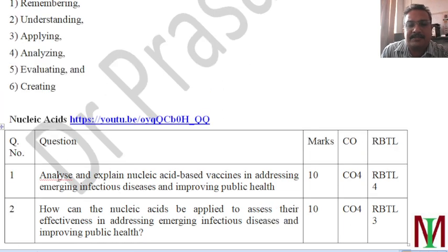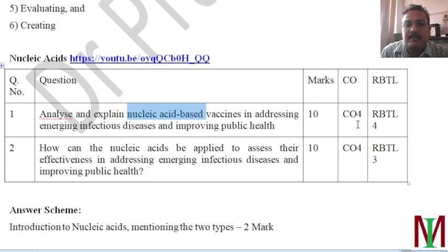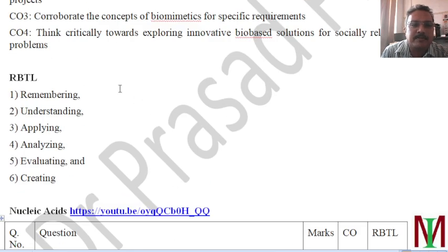That means you have to analyze it. Some topic is given, like nucleic acid based vaccines: how do you analyze their effectiveness in curing diseases, addressing emerging infectious diseases and improving public health? Therefore that comes as RBT level 4. It is connected to CO4 because we have to think critically towards exploring innovative bio-based solutions for socially relevant problems.